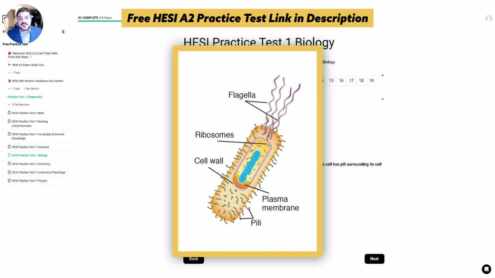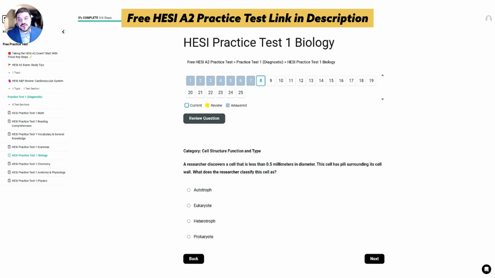Prokaryote cells are typically smaller in size, usually between 0.5 to 5 micrometers, and have simple cellular structures when compared to eukaryotic cells. The presence of the cell wall and pili are common features in prokaryotes, specifically bacteria. Pili are hair-like structures on the surface of the cell that help attachment and other functions.